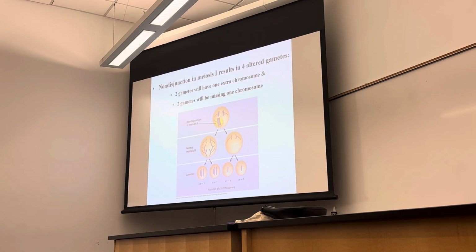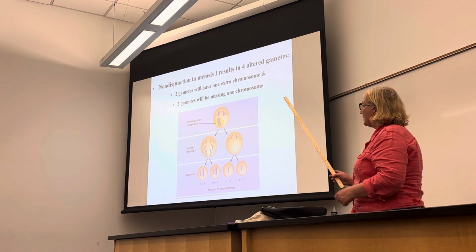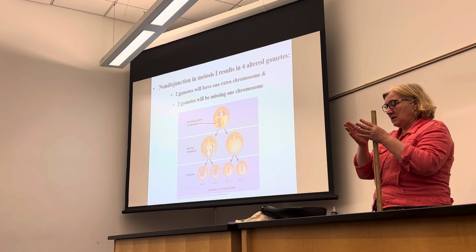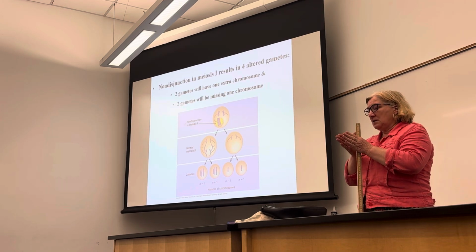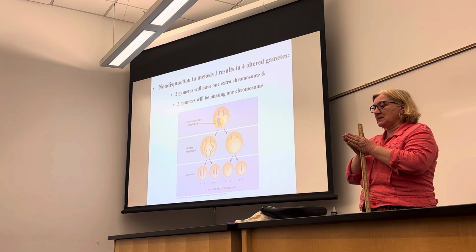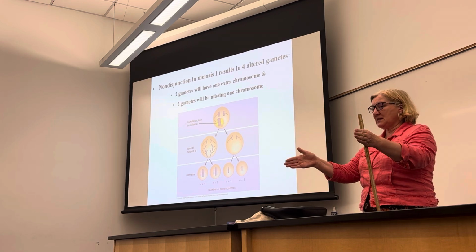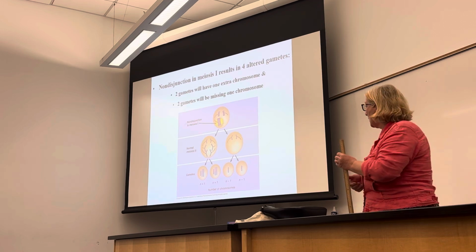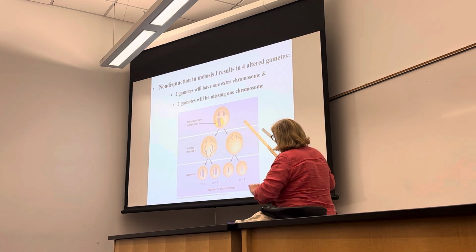So what happens sometimes, what we call the mistakes of meiosis, is called non-disjunction. Non-disjunction means that the replicated chromosomes, which we call sister chromatids, have to descend to 2 different daughter cells, but sometimes they don't. So here's an example.